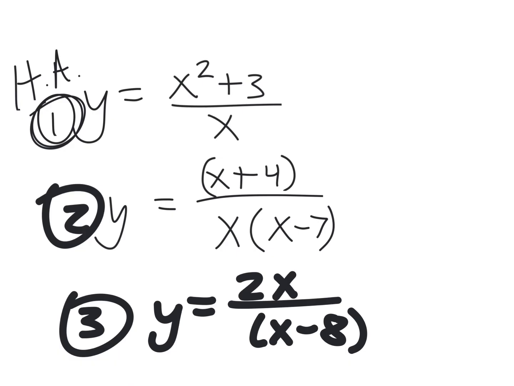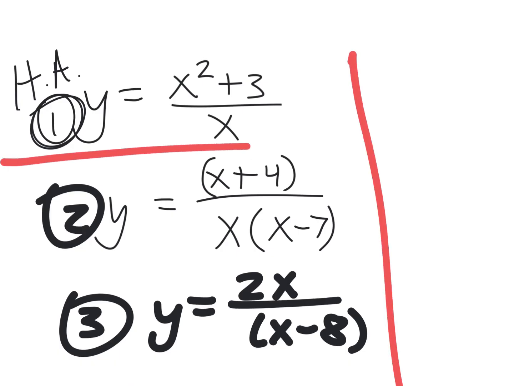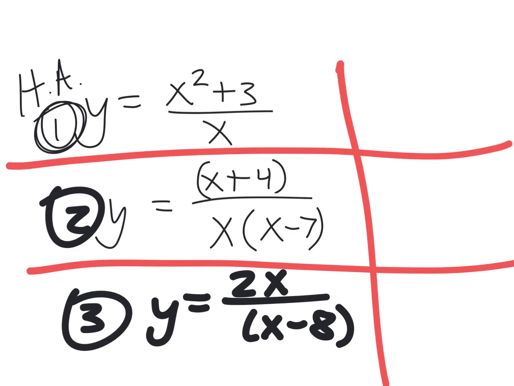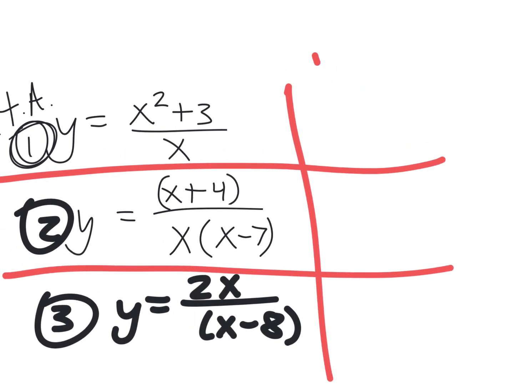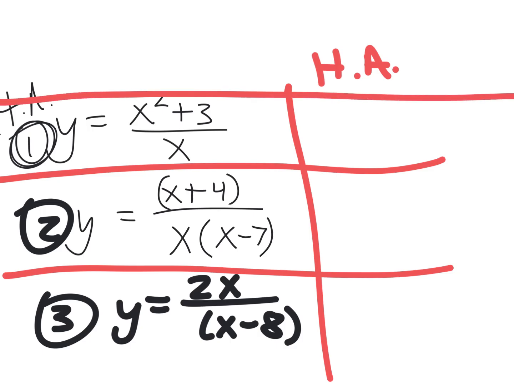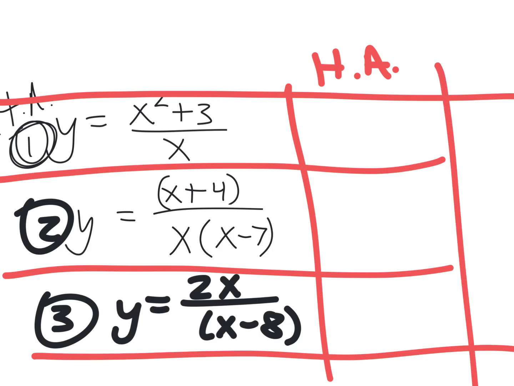Give me the horizontal asymptote for all 3 kinds. They are all different. So know the answer for 1, 2, and 3, and you better not just say a number.